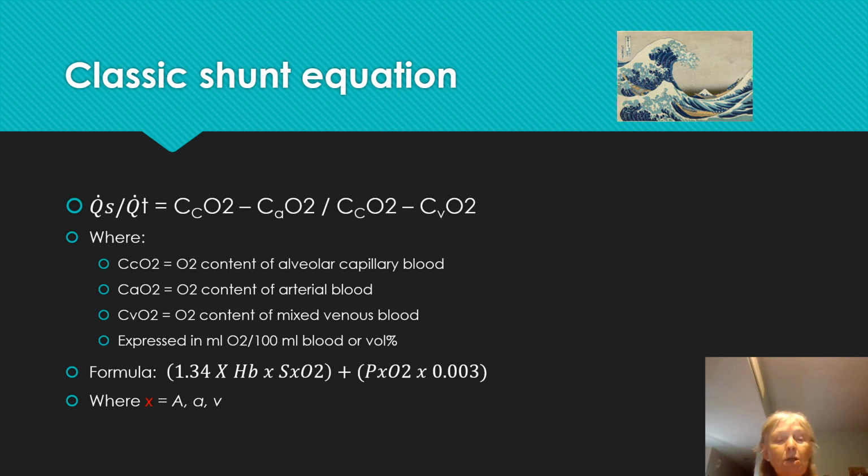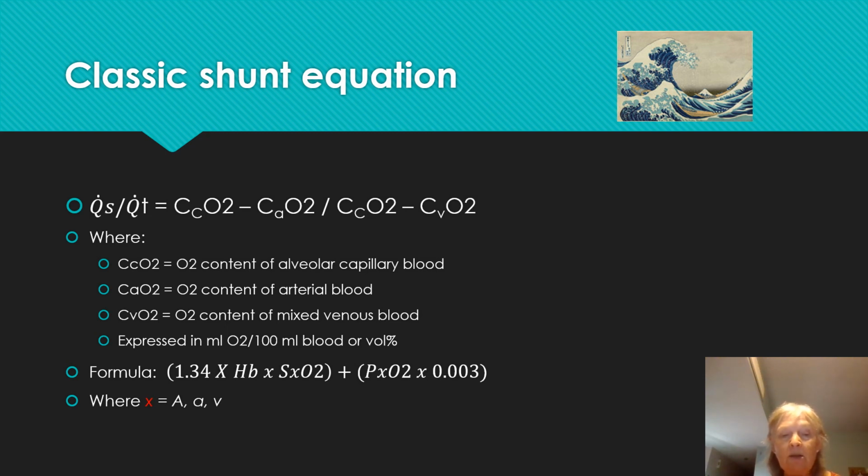CaO2, the O2 content of arterial blood, your formula is 1.34 times hemoglobin times SaO2. Remember, you're going to get that when you do your ABG, to get your PaO2 that you're going to multiply by 0.003. And then the CvO2 is the O2 content of mixed venous blood.